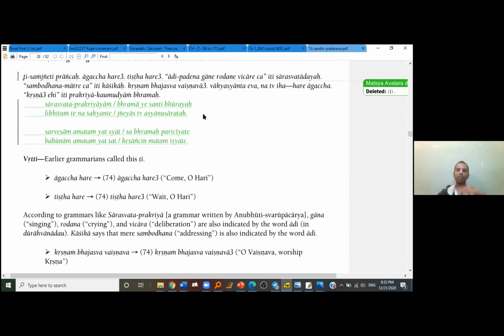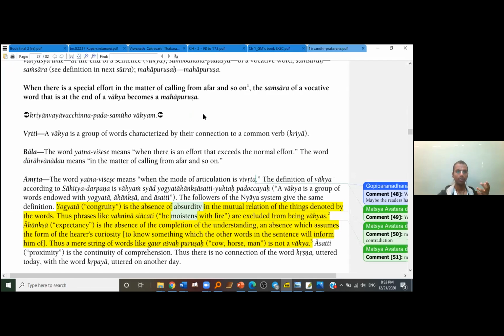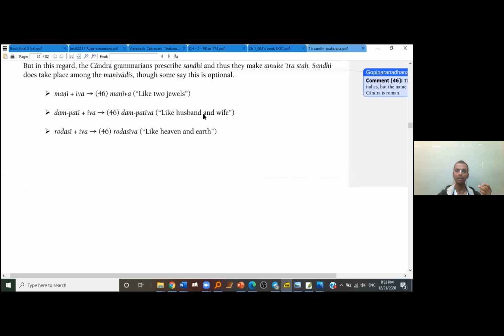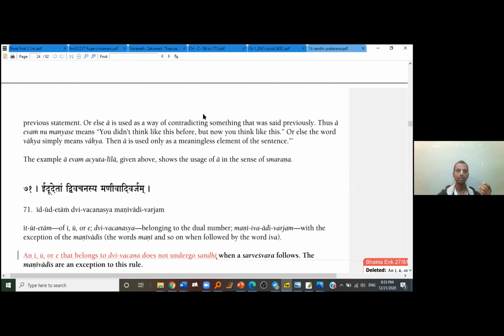So, okay, before just going to the script, what was Vamana U? Address. Was it? Address, Sambodhana? I don't think so. And the Dirgha U? See, evam achyut leela shows the usage of I in the sense of Smarana. So, just in case.